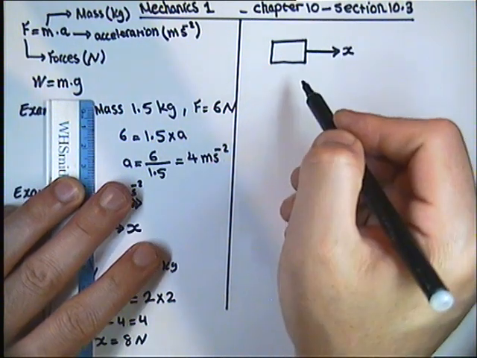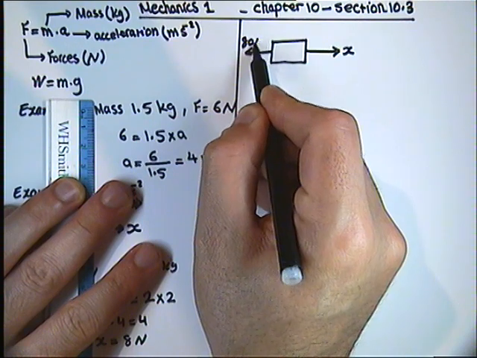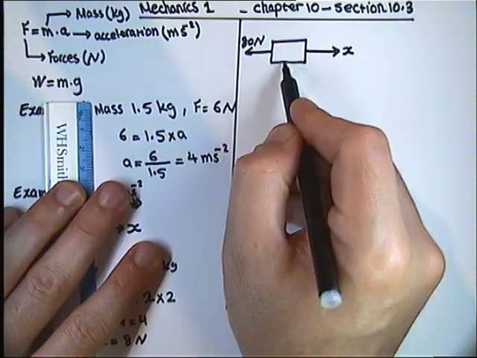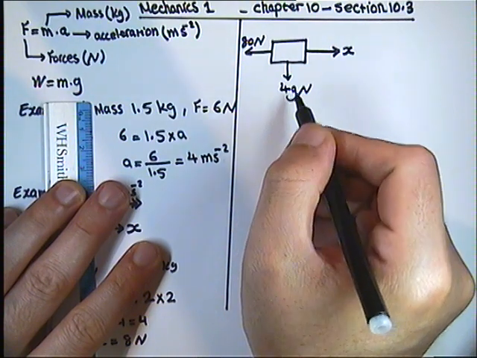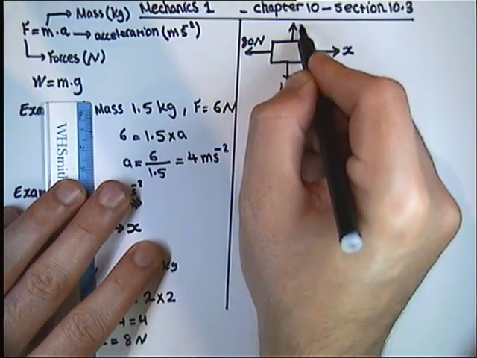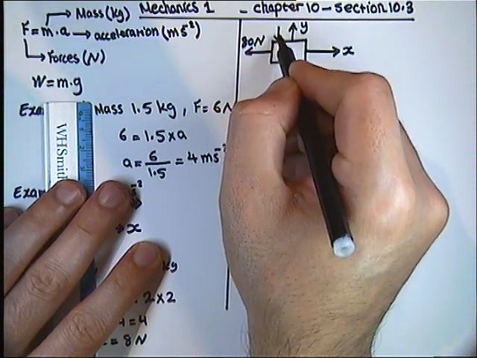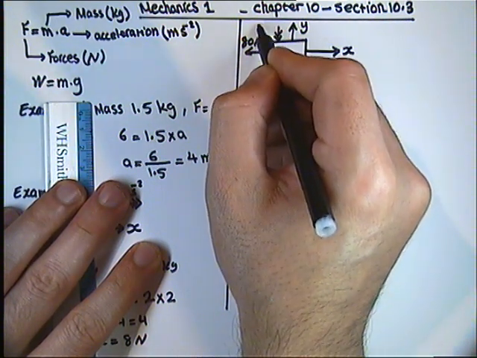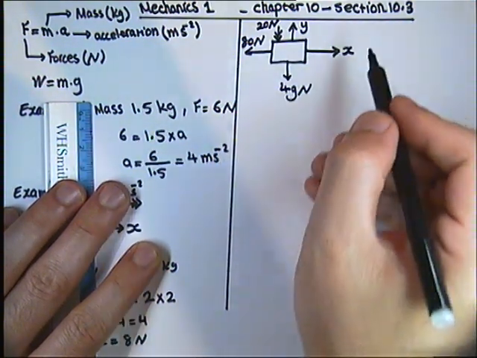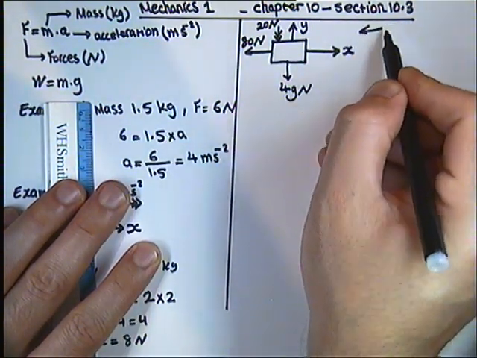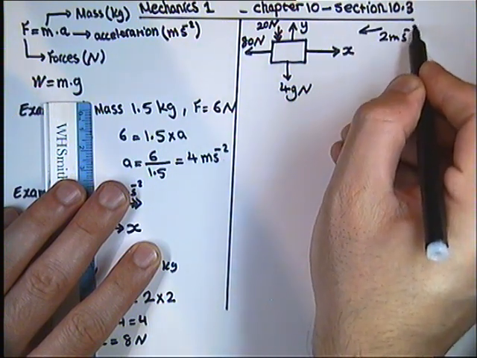Force x is in this direction, 80 Newtons, force G Newton, force y, and 20 Newtons downward. And 2 meters per second squared in this direction.